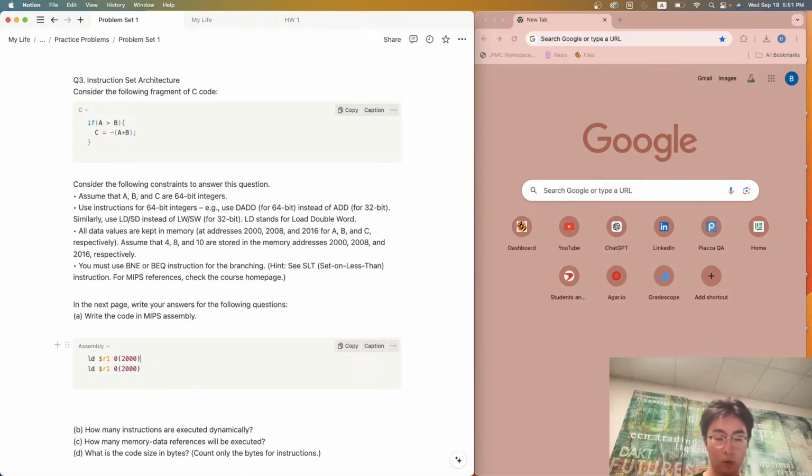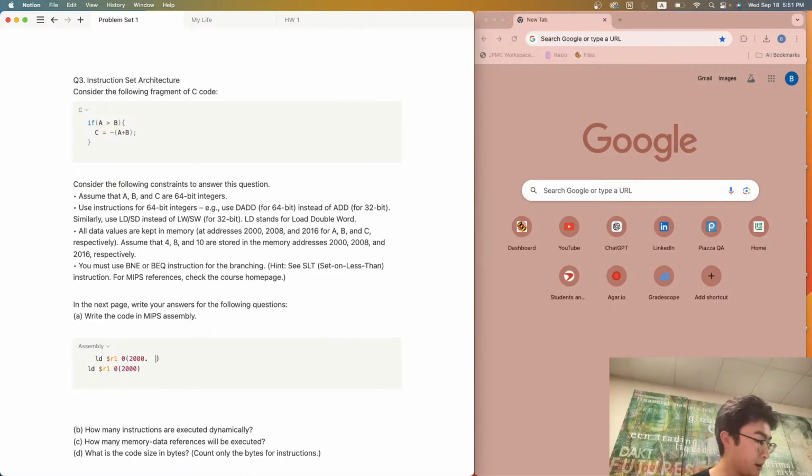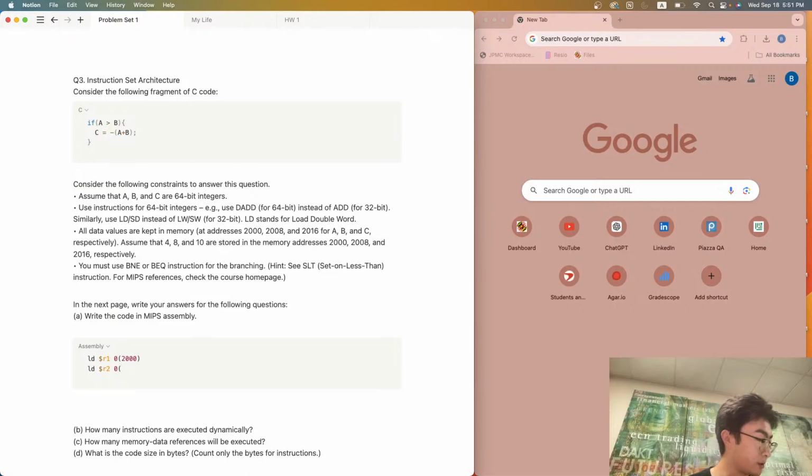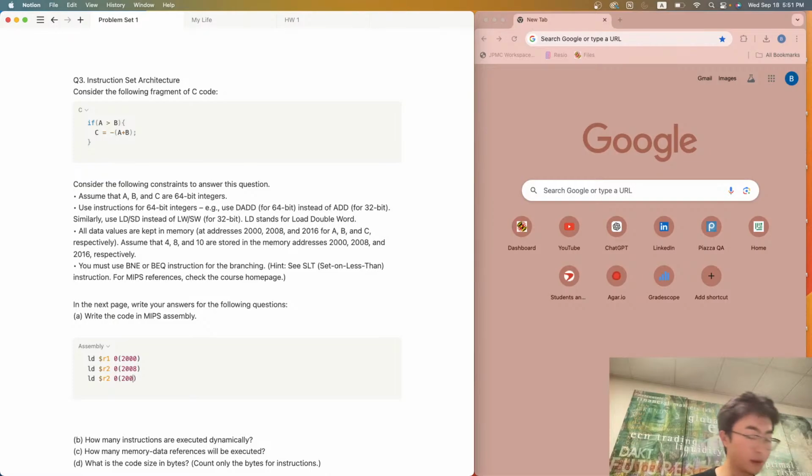If we want to store in hexadecimal, right? Oh shoot. Oh, come on. Okay, let's just do this first. So R2, we want a 0 offset, 2008, and have 16. Okay.